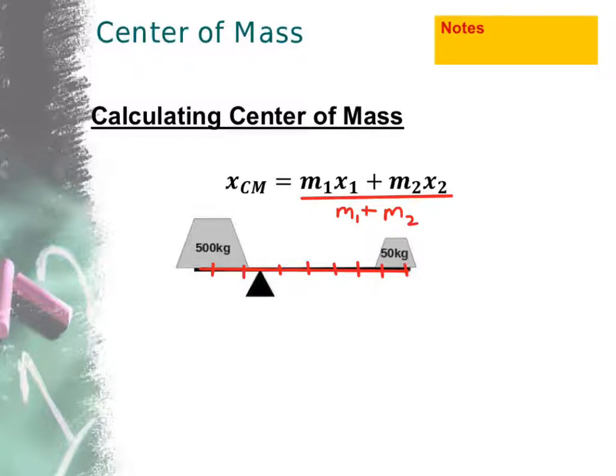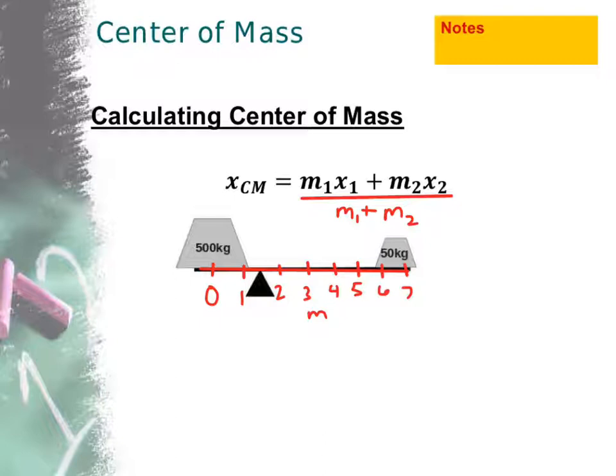Well, it's going to be 6.5. And let's give these numbers. So let's say we're figuring out how far from the left-hand side is our center of mass. So let's call this 5, 6, and 7. And since we like to deal with MKS units, let's call these meters.